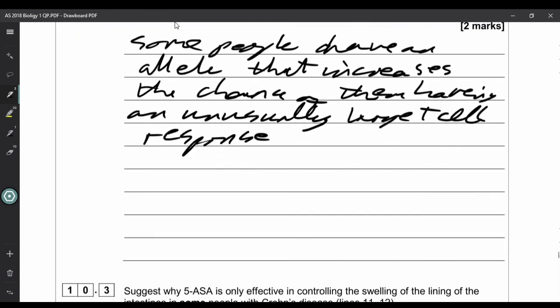So again, keep referring to the passage. So we've used some knowledge that we've already had about alleles, linking that to a genetic tendency, and we've got some information that we've gleaned from the passage, i.e. Crohn's disease is characterized by having an unusually large T cell response.